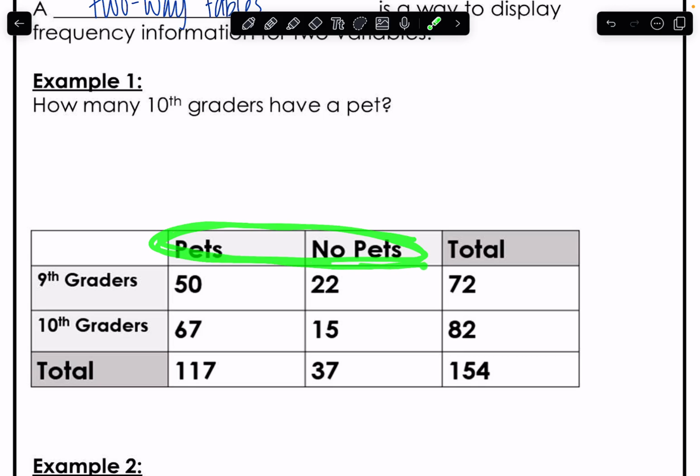Notice how I have pets versus no pets, two different categories that you can fall under. And I also have 9th graders versus 10th graders. So in this table, I have lots going on. I have 9th graders that could have a pet and not a pet. I could also have 10th graders that do have a pet and not have a pet. So really there's 4 different categories that I could fall under, okay?